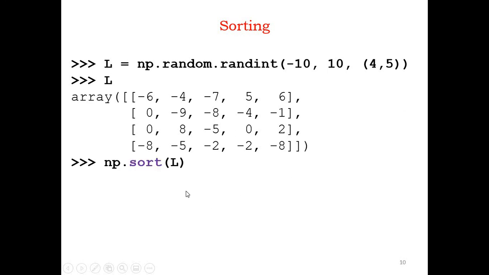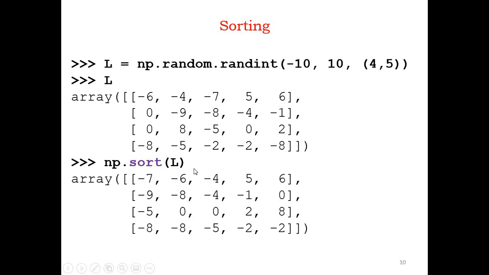Now you sort all the numbers of the array. Apply np.sort, which is another method, on L. It has not sorted all the numbers. You have not given the reference of the axis, but you see what it has done. It has actually ordered each row separately.